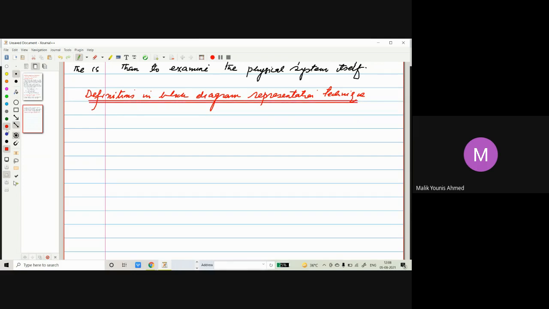Okay. So what are some of the definitions? Let's have a look. Very simple definitions. Number one, we have a summing point. So summing point is what?